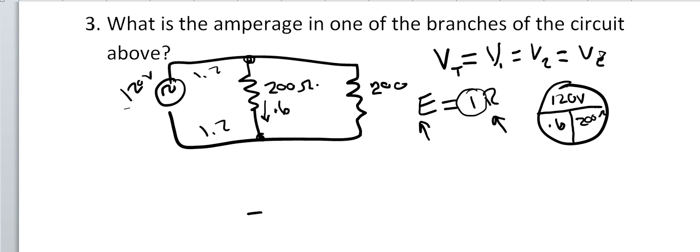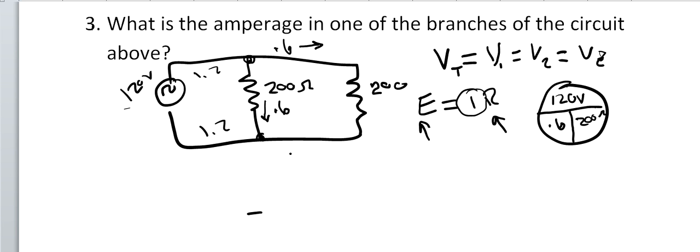Well, that kind of makes sense, because if 0.6 comes down this branch and you start with 1.2, you know that 0.6 is going this way. So the sum of these two currents equals 1.2. The same you could see coming back.